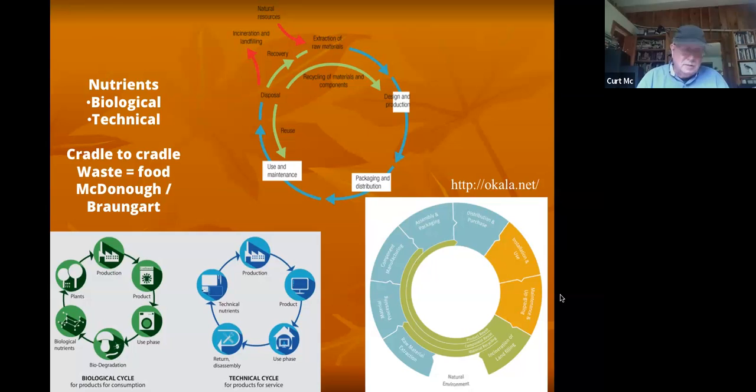And in this sense, on the right, we have the technical nutrient cycle, where this is like the aluminum can or the aluminum automobile that gets smelted down and turned into something else. On the right is what they call the eco-design strategy wheel that helps designers think about different ways they could do reuse and recapture such that they have a lower impact overall.